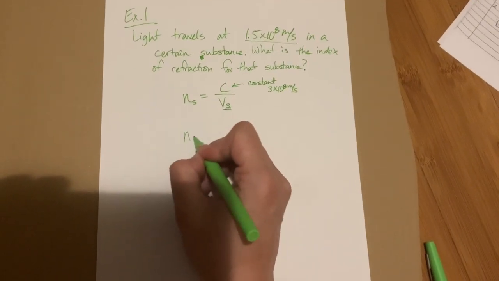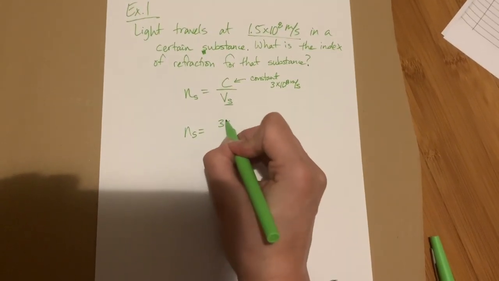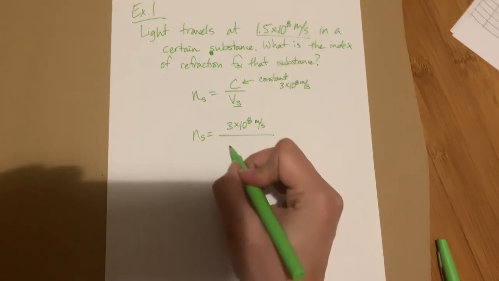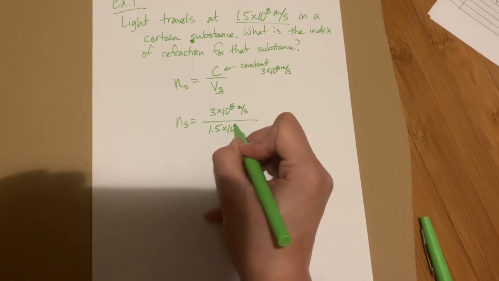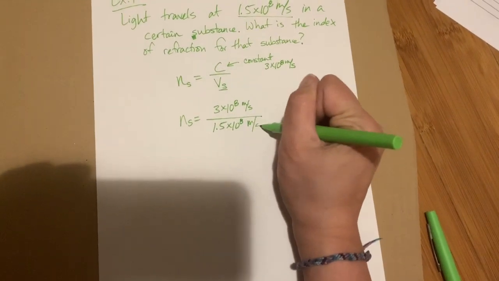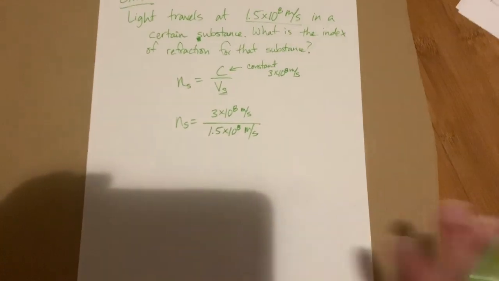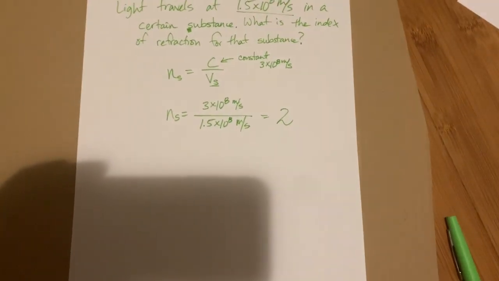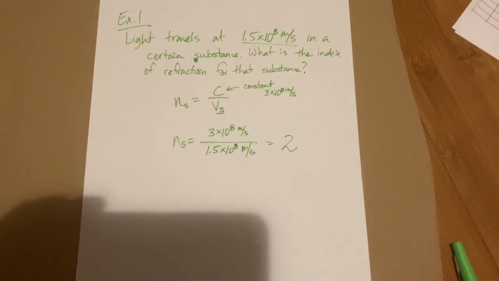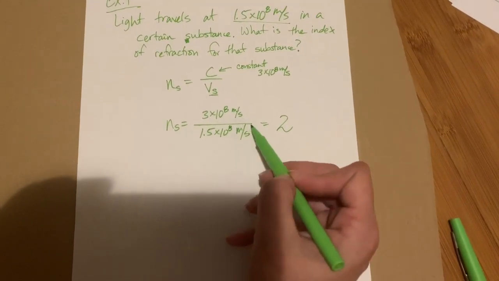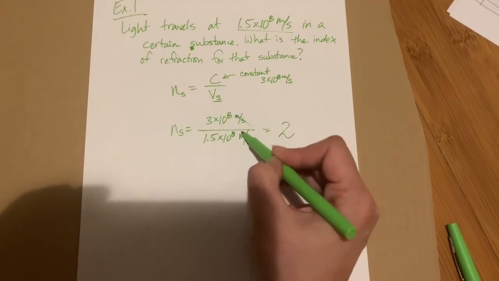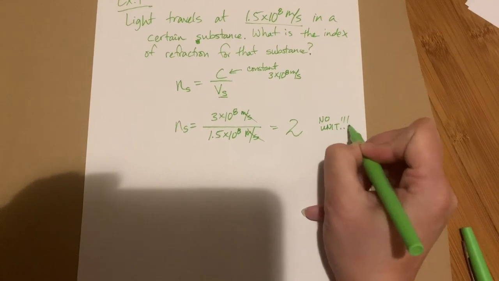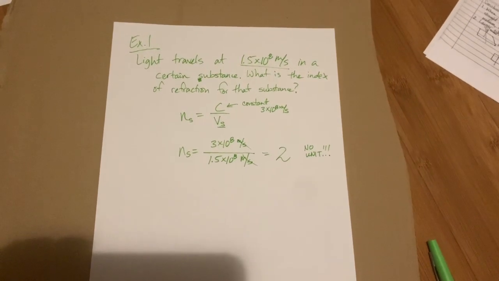So we have n_s equals 3 times 10 to the 8 meters per second over 1.5 times 10 to the 8 meters per second. And so if we were to do the math here, we would get 2. Now notice I made sure I put the units in here because we have meters per second divided by meters per second, which means that they cancel out. So the index has no unit.